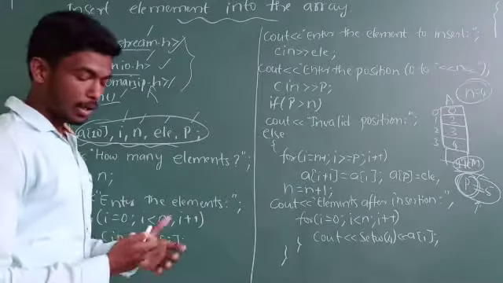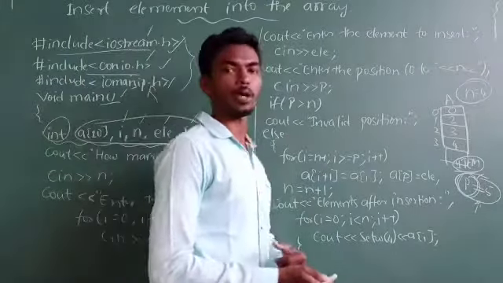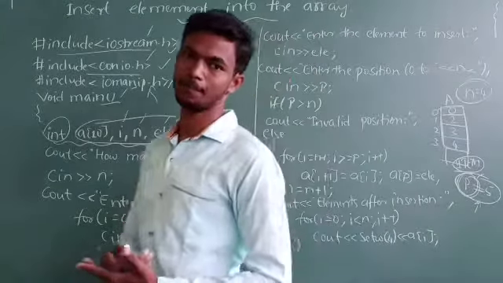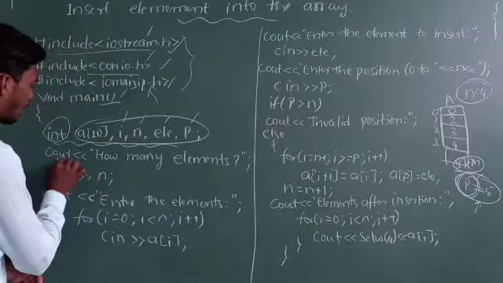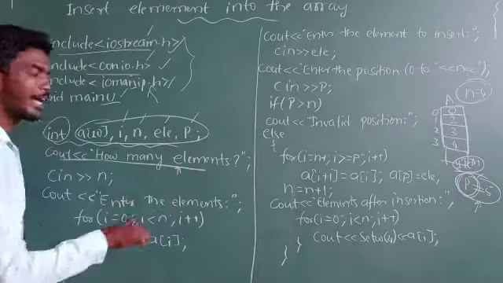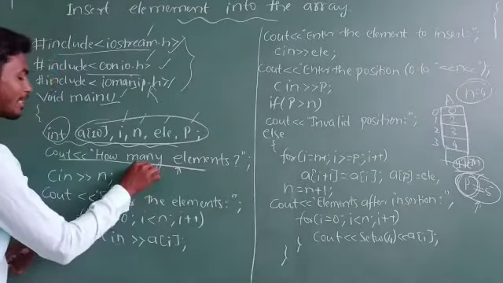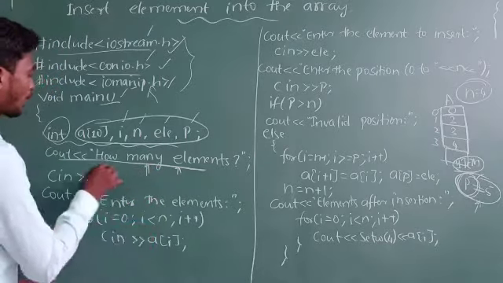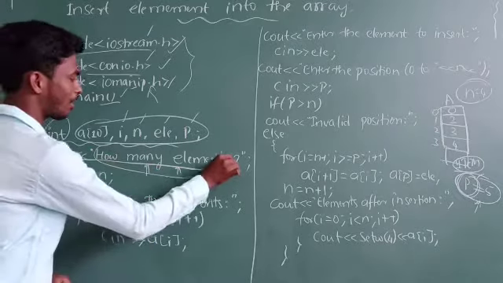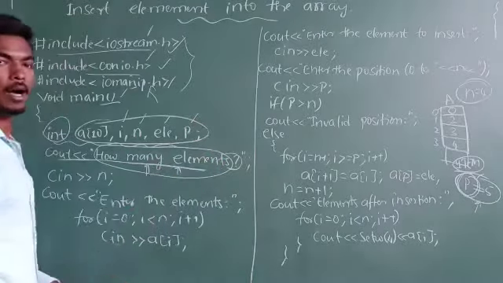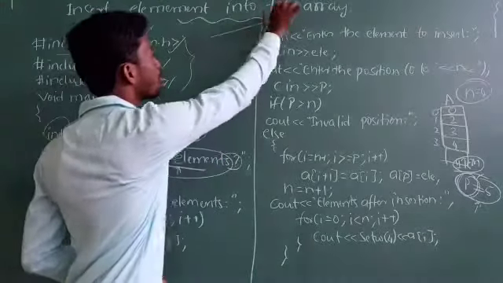First, we have to ask the programmer how many elements we need to insert. That's why I have written the statement cout "how many elements". When you write this statement, this string, with a question mark, will be printed on the output screen.